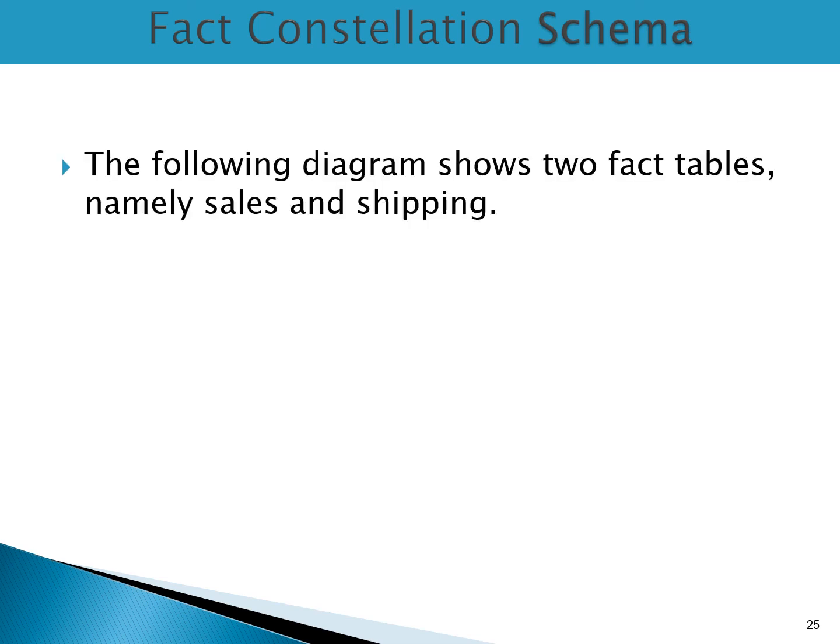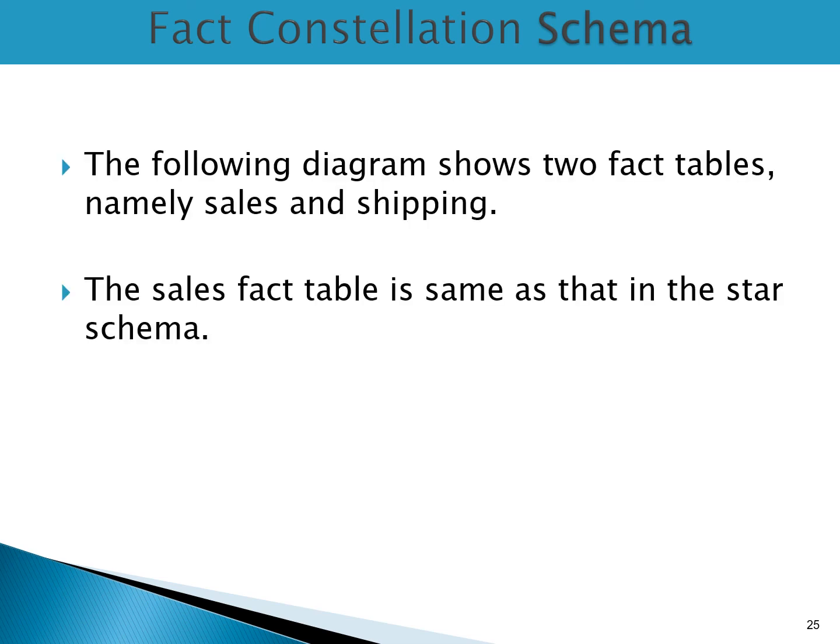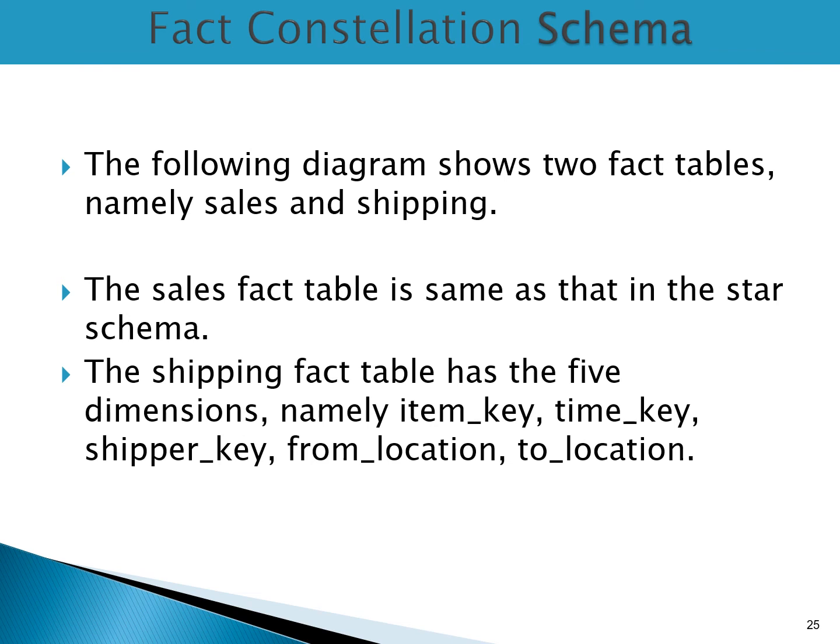So next, the following diagram shows two tables, namely sales and shipping. The sales fact table is the same as that in the star schema. Now in the next diagram, there are two fact tables. One is the sales fact table and the other is the shipping fact table. And the shipping fact table has five dimensions, namely item key, time key.